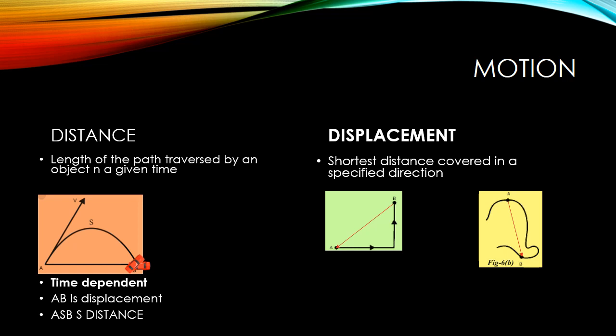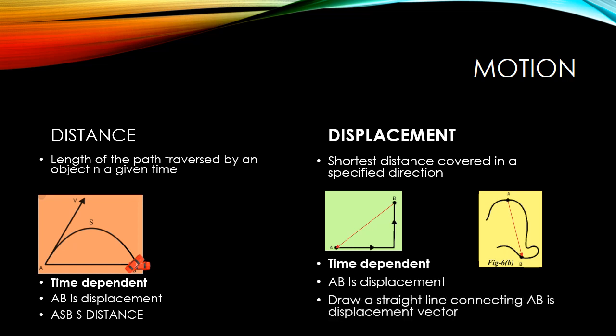Actually, the shortest distance covered in a specified direction is called displacement. It is also a time dependent quantity. Then AB is the displacement. If you draw a line connecting the initial point and final point, then that AB represents the displacement vector. So if I ask you, can you draw the displacement vector, it is very simple: connect the initial point and final point.